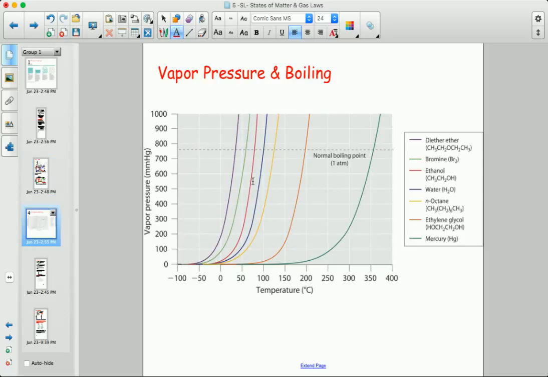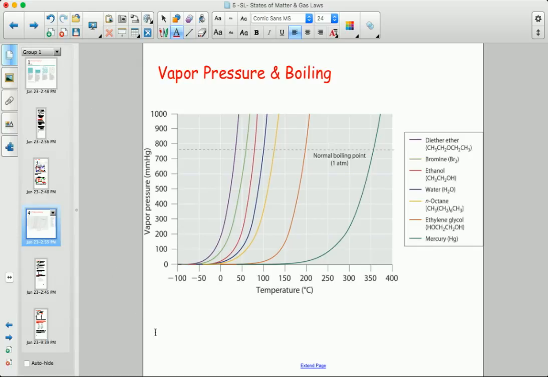Boiling, it turns out, is a little more complicated than the other phase changes. Boiling actually depends on pressure. And so when we talk about water having a boiling point of 100, that's only true when water is at normal pressure, so when the pressure is pushing down on it. And so liquids have this property known as vapor pressure that changes with temperature.